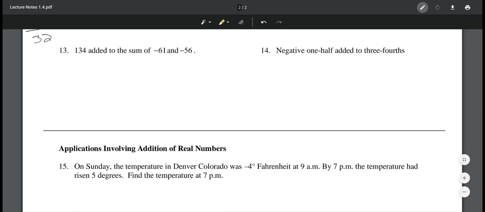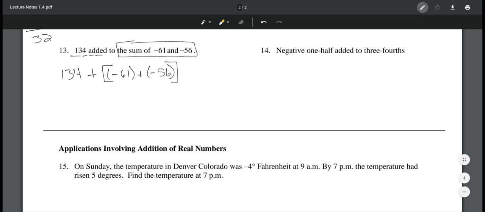Now, in this problem, we're going to take 134 and add it to the sum of these two numbers. So 134 added to negative 61 plus negative 56. So we're actually going to have to combine both steps for adding numbers.